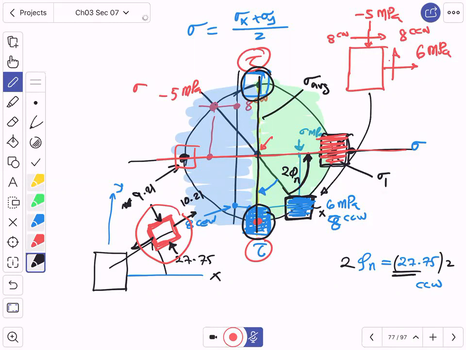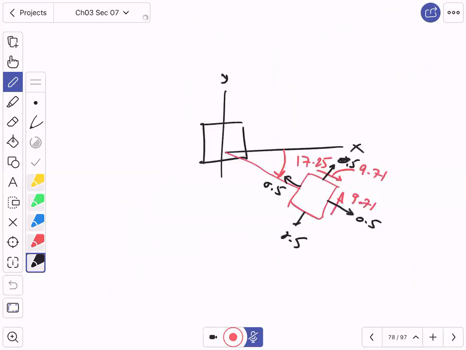So all faces will be subjected to a normal stress which is plus half. However, the x face will go down here and the y face will go up here. So what happens is the y face has clockwise and the x face has counterclockwise. I assume you are a little bit confused, but when you go and try it yourself, you will be better.